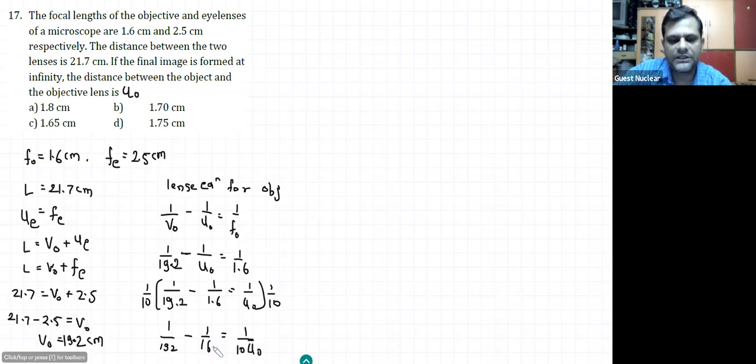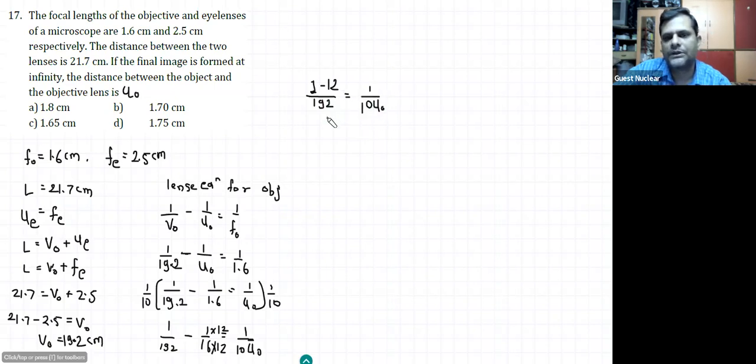तो यहाँ पे 16 के टेबल में 192 है और कितने नंबर पे, 12 नंबर पे 16 into 12 is 192. Just check. So we can just multiply and divide by 12 here in the both numerator and denominator, so that we can just have this 1 minus 12 left here in the numerator, that is to be divided by 192 kept as it is here in the denominator, and that is actually going to be 1/10 times of UO.